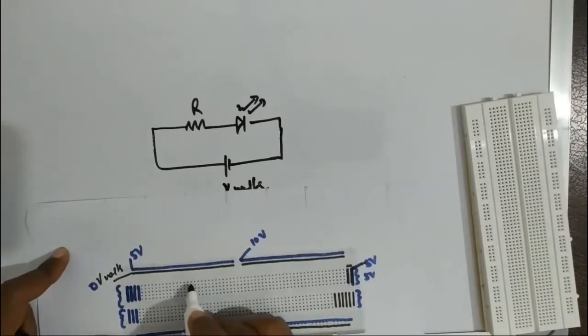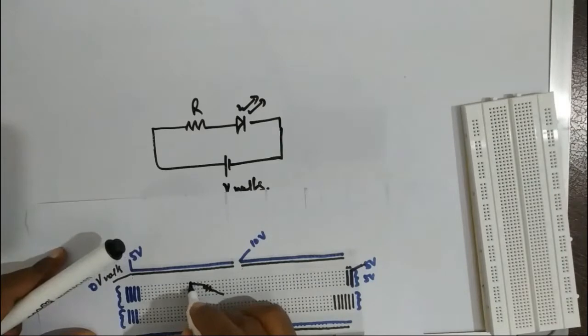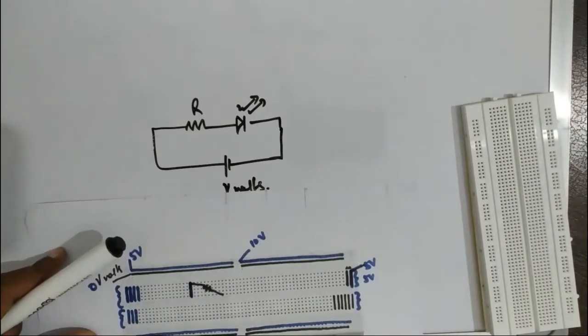Say you have connected the resistor like this, over here, right? Now the resistor is connected to this part, and as we know, all the 5 points are connected vertically, so all will be connected like this.